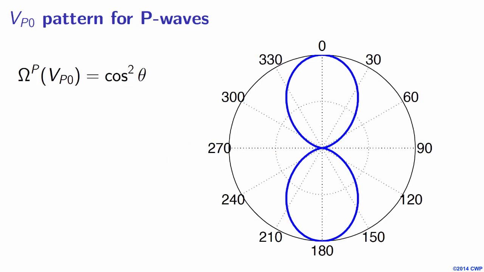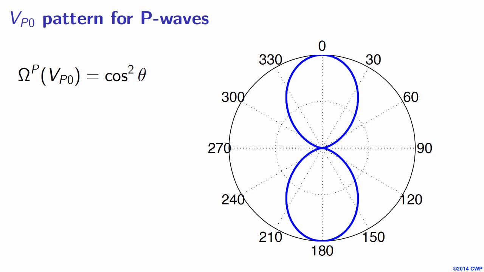Right, so I'm going to show you the radiation patterns for P waves and S waves for a model that has been parameterized in terms of the four velocities. So what this tells us is we've got an anomaly in VP0. Suppose you have a model with an anomaly in VP0 at the center, at the origin, and if there's energy incident on it, it's going to scatter the incident energy in this manner. Now again, this is specifically for the case of transmissions.